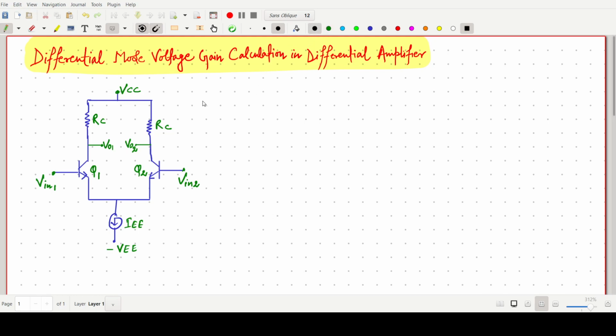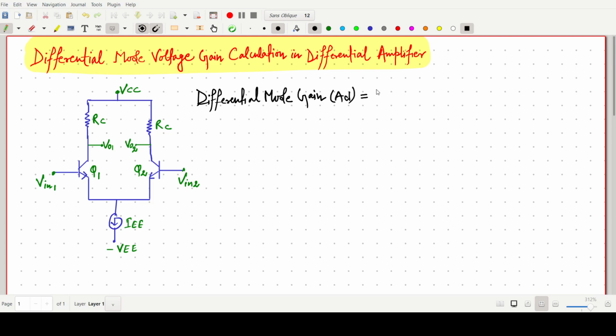Once again I am writing the term differential mode gain. This differential mode gain can be treated as AD, which is basically the gain term, output by input.